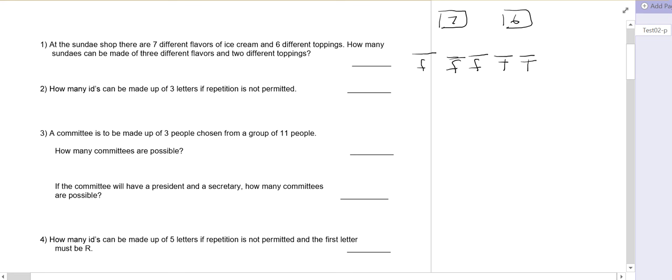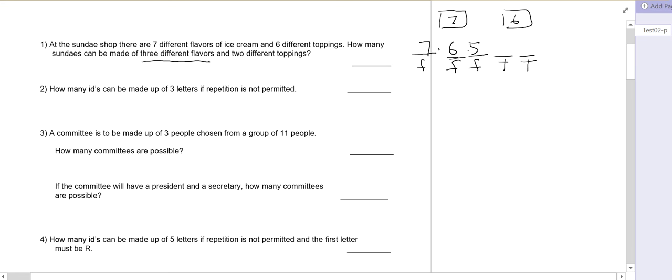Step 3, you start selecting. So when I pick the first flavor, I have 7 choices. But the question now is, can I pick the same flavor? Well, it says 3 different flavors. So I can't put something back. My number's going to start going down. So 6 choices for the second flavor, 5 choices for the third.